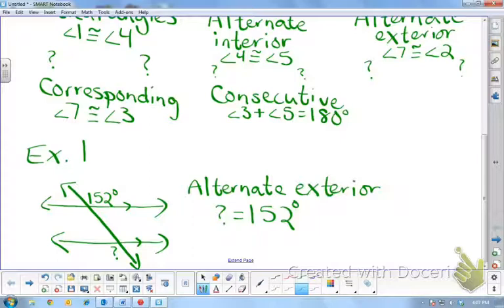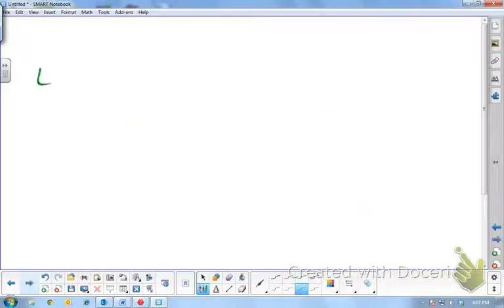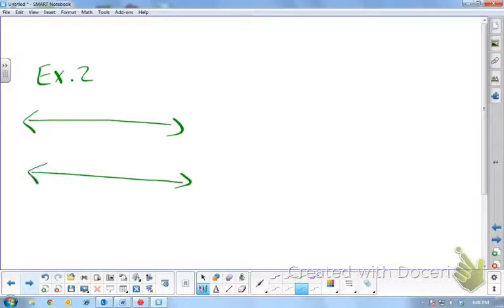So let's take that one step further. Let's say we don't want to just find an angle measure. Let's say we want to solve an equation. This time I'm going to make the setup a little trickier. We're not just going to have one line crossing through. So we say these two lines are parallel. Say I have two lines crossing through.